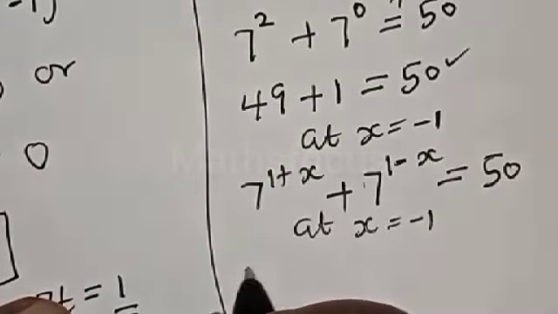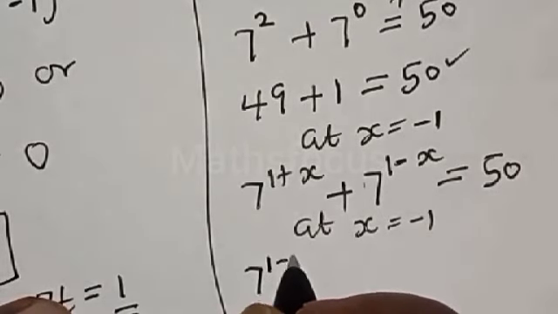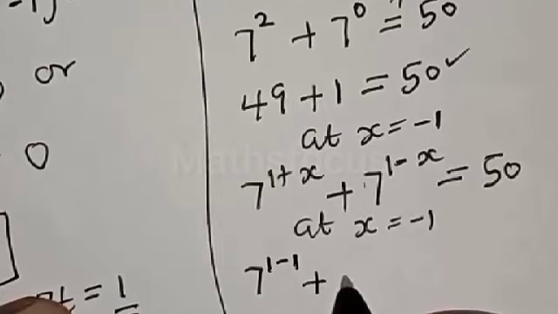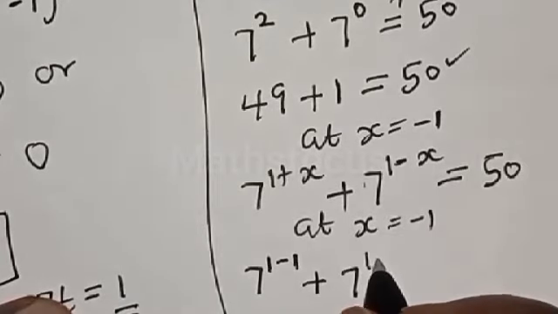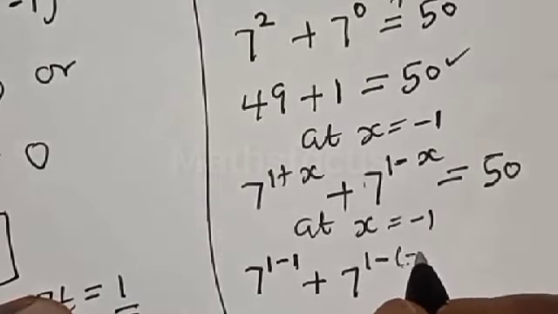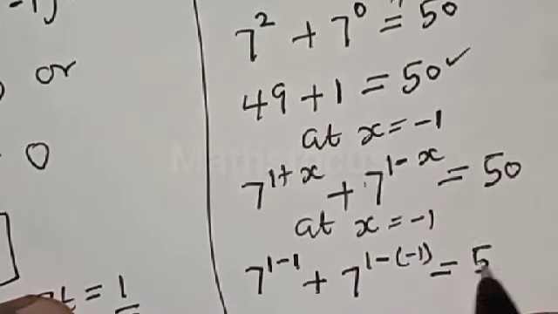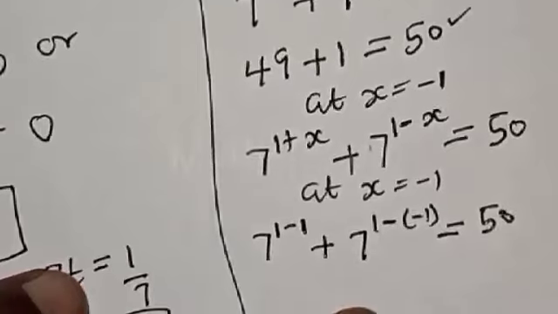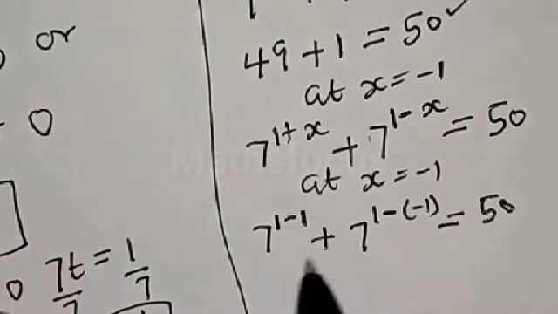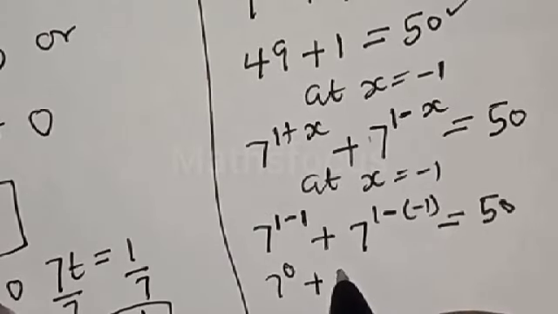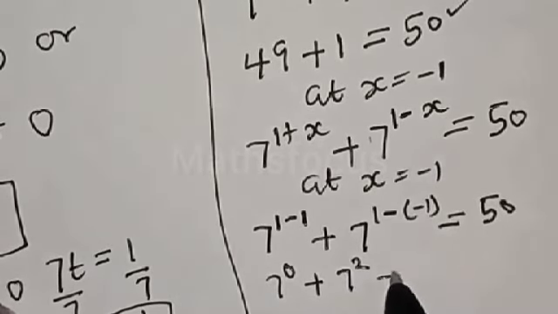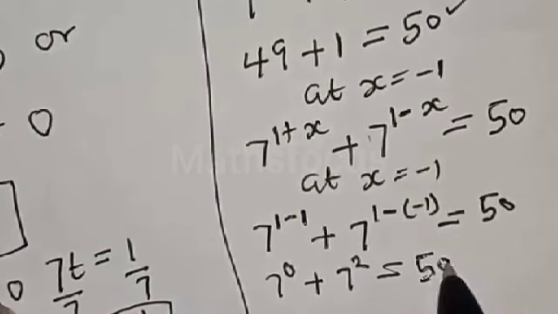Now we have 7 raised to the power 1 minus 1 plus 7 raised to the power 1 minus minus 1 must be equal to 50. Then if you check very well, this is 7 raised to the power 0 plus 7 squared must be equal to 50.